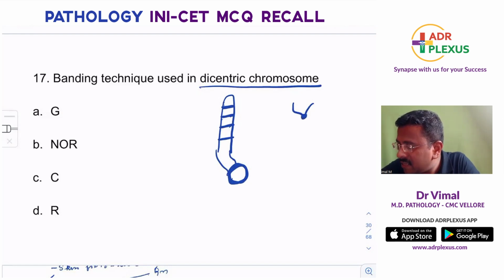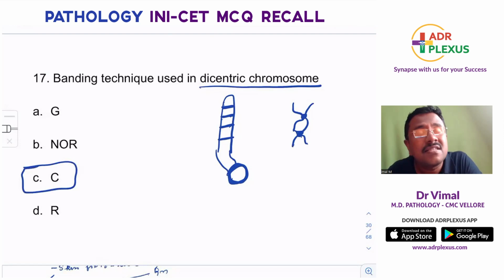The centromere region will be heterochromatin, and usually G banding, that is Giemsa banding, will not stain the centromere. To stain the centromere, or the heterochromatin, the commonly used banding is C banding.